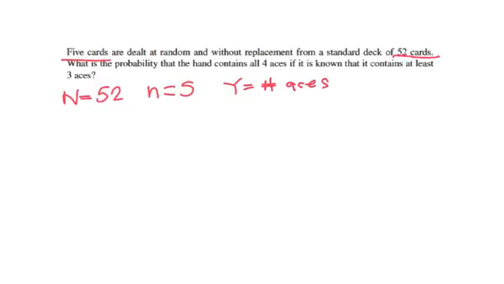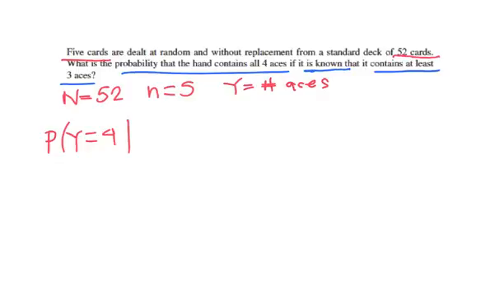If you look at this probability, you want the probability of having all 4 aces, and you already know that you have at least 3. So this is a conditional probability. You want the probability that Y equals 4, exactly the 4 aces, given that you already know that Y is greater or equal than 3.